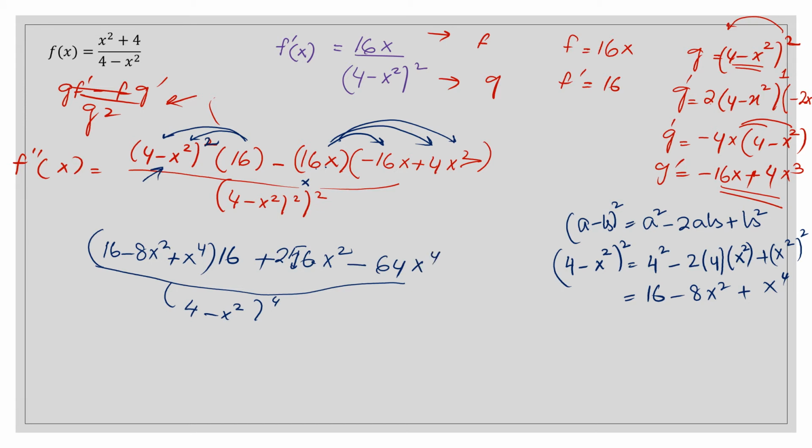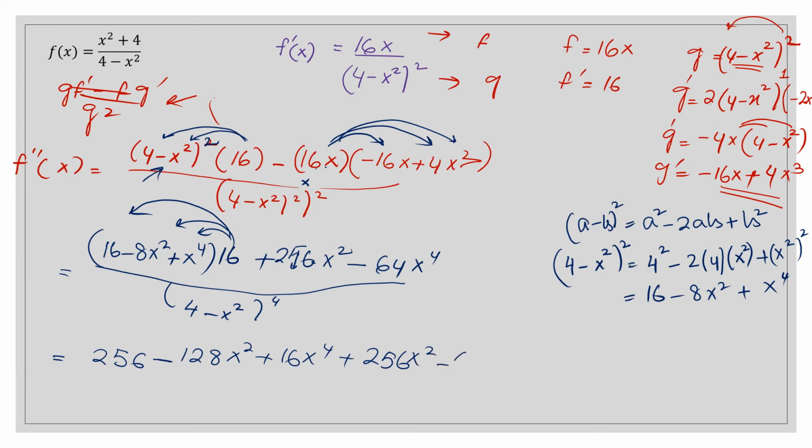Now, on this side, multiply all the terms by 16. We know that 16 times 16 gives us 256, minus 16 times 8, you will get 128x square, plus 16x to the power 4, and the remaining terms just write as they are.